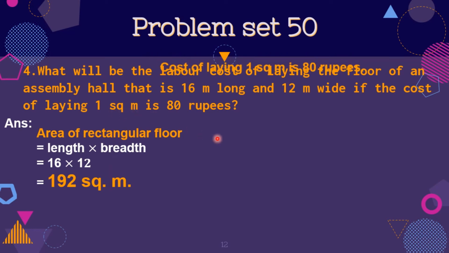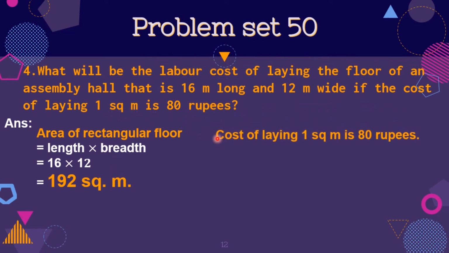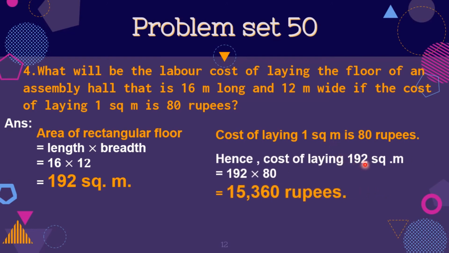So in order to get the total cost of laying the floor of that assembly hall, we have to multiply the area of the floor by the cost of laying 1 square meter. So we write cost of laying 192 square meter is equal to 192 into 80, which is equal to 15,360 rupees. So this is the total cost of laying the floor of that assembly hall.